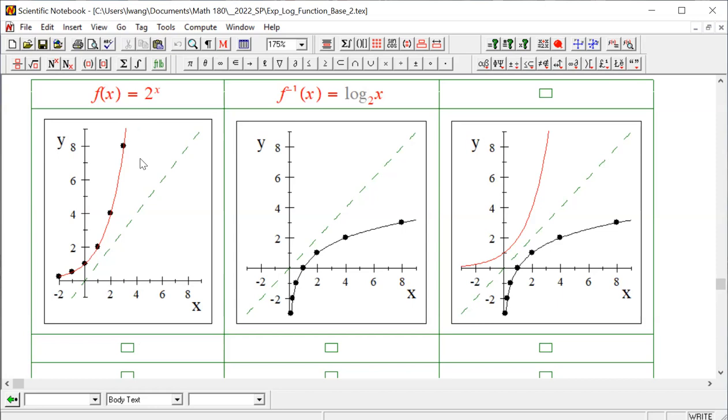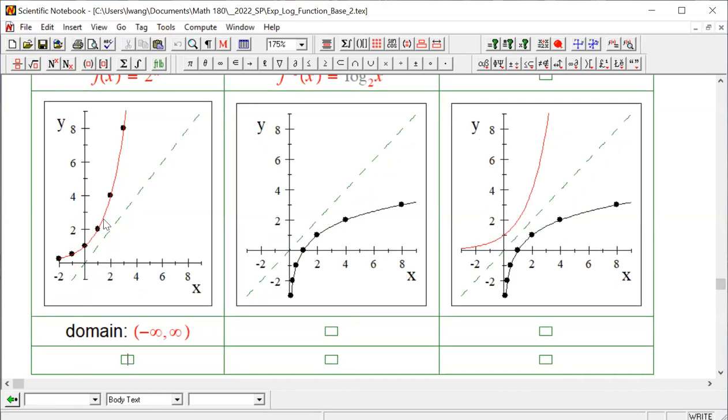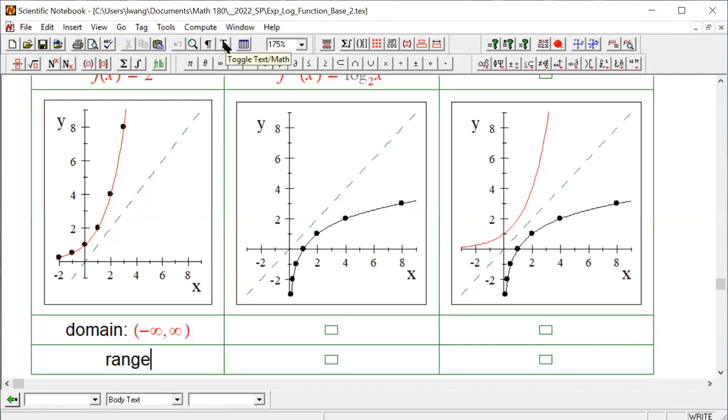The domain for this function is from negative infinity to positive infinity. And the domain and the range for the exponential: the range for the exponential is positive numbers, 0 to infinity.